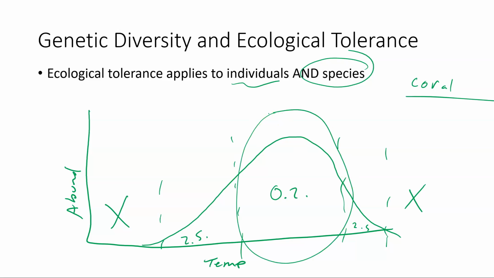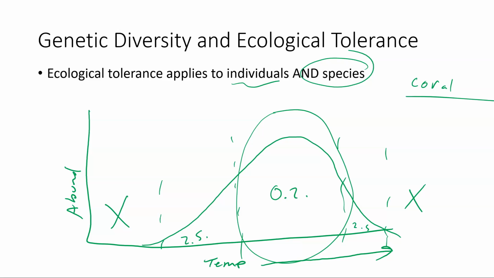Okay, now let's say, for example, that the surface waters heat up for whatever reason due to some climate change. Okay, now what's going to happen as a result of that is as the temperature in the water increases over time, right, what's going to start happening is our corals on the higher end of that zone of stress, those are going to be the ones, the individuals in that species.